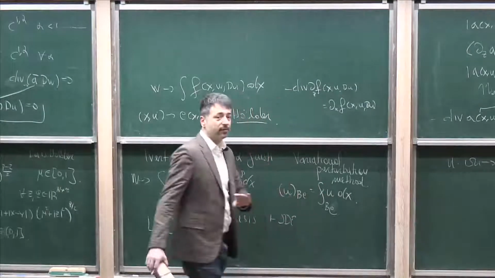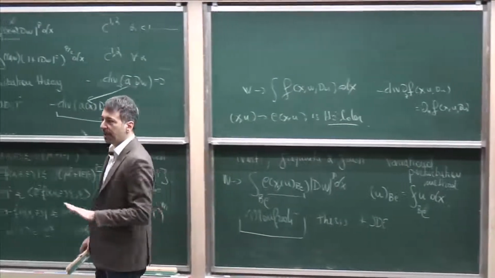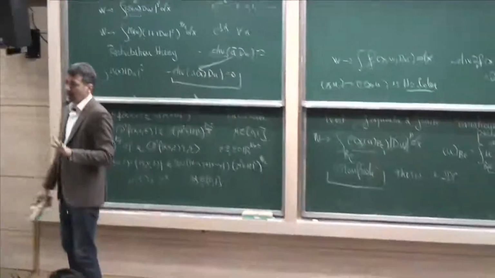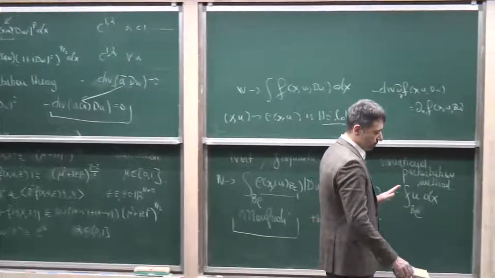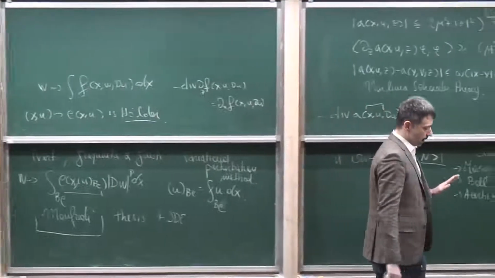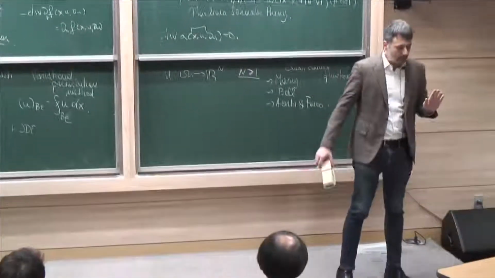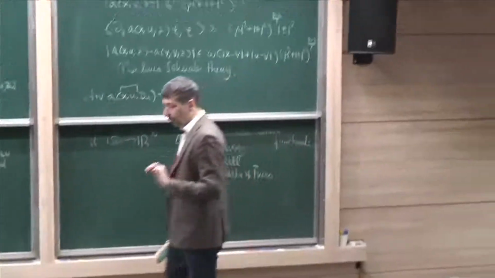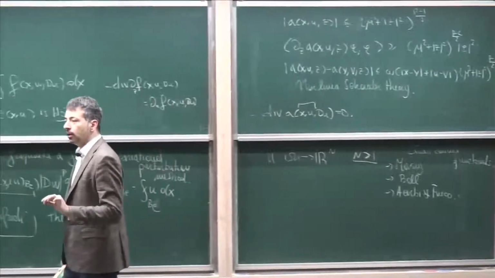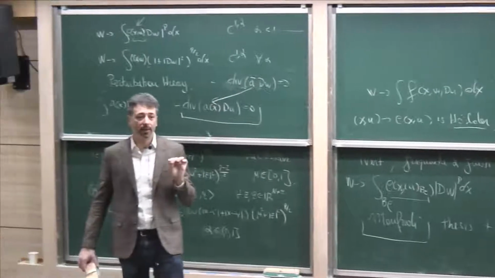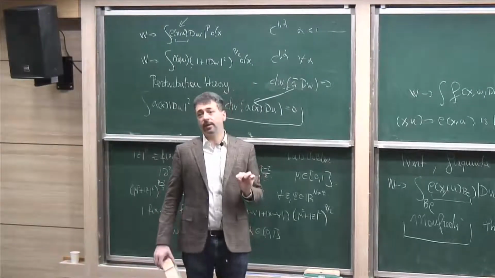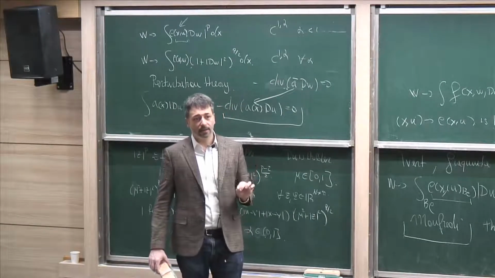No matter how regular the functional is, if you take a general functional, or a solution, or an energy solution of a system, singularities occur no matter how smooth the integrand or the vector field is. Just because you are in the vectorial case, singularities occur.